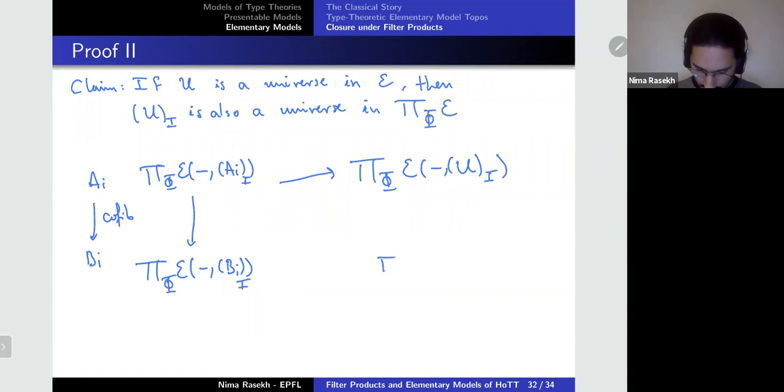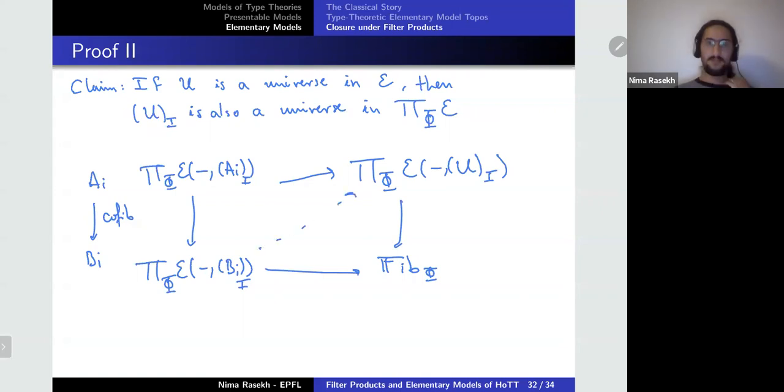And here I have my Fib functor. The goal is to observe that this has a lift. This is what it means to be an acyclic fibration in the Shulman sense. That's what I need to prove, right?